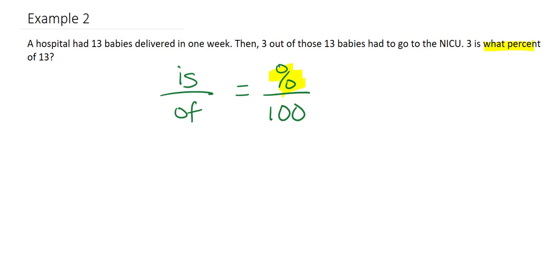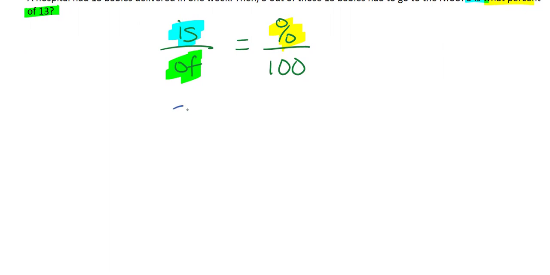Then we have 3 is, so that's going to go right on top. So what percent of 13 is 3, is what we're saying. We just rewrote it differently. Then we have of 13, so that would just go right there. So let's fill all of this in. So we have 3 over 13, which is equal to x, our unknown. And then we have 100.